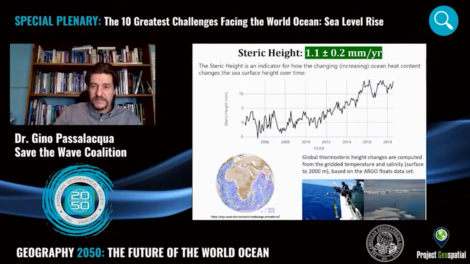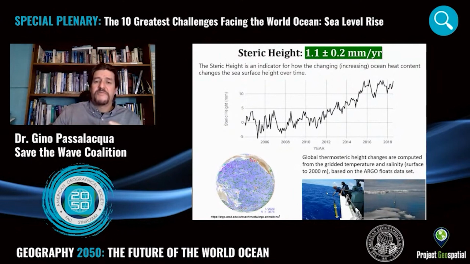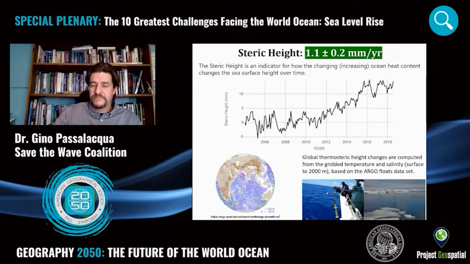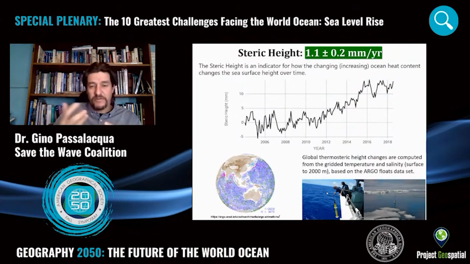How do we measure this? We have gridded temperature and salinity of the oceans up to 2,000 meters with Argo floats. Argo floats are autonomous vehicles that change their buoyancy and profile along the water column, allowing us to have these measurements and other measurements too.